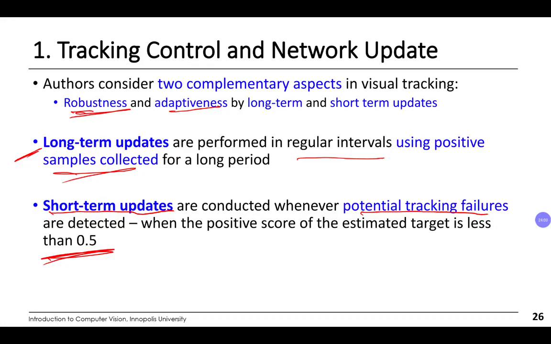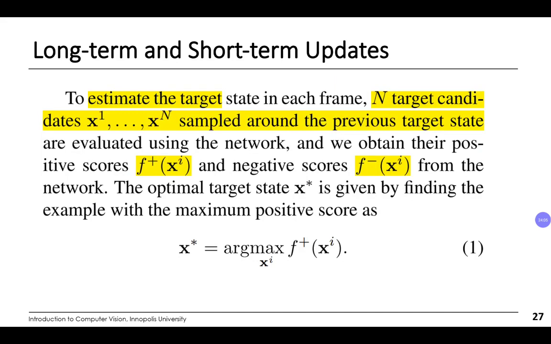So we will see how we can do this. And when we do these long-term and short-term updates, how we can get the positive or the negative examples to update our model.